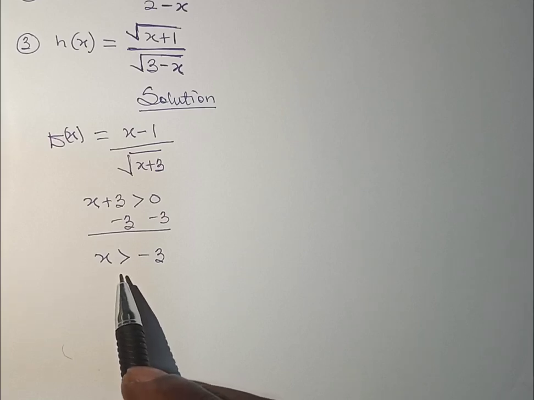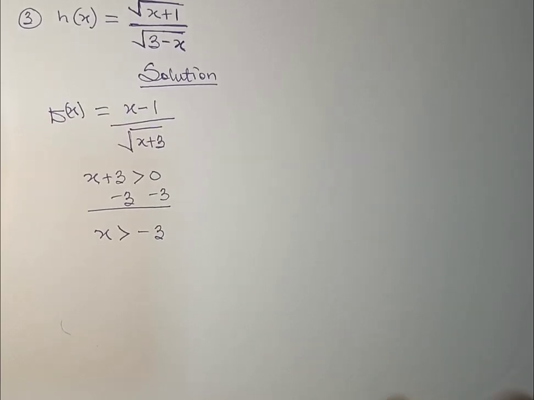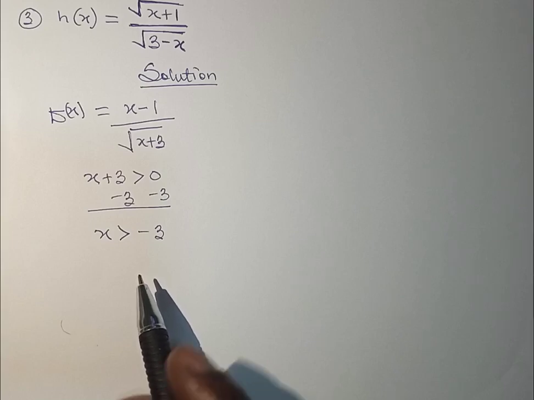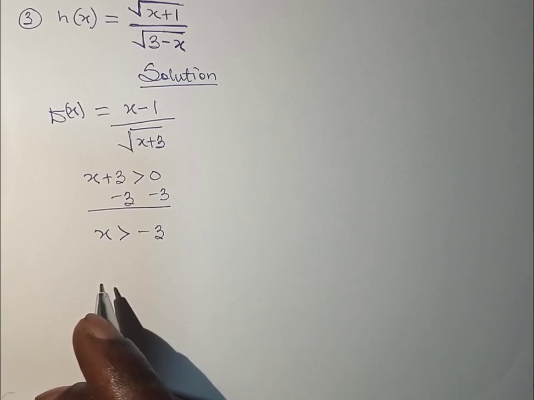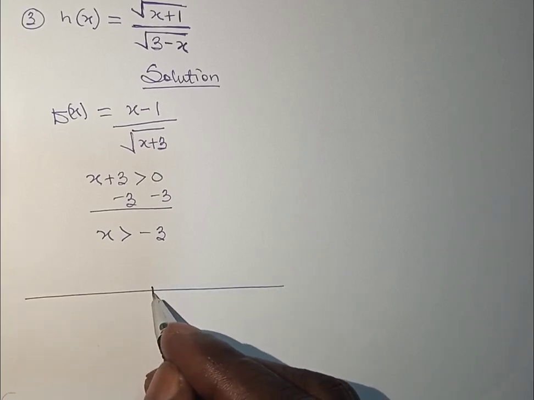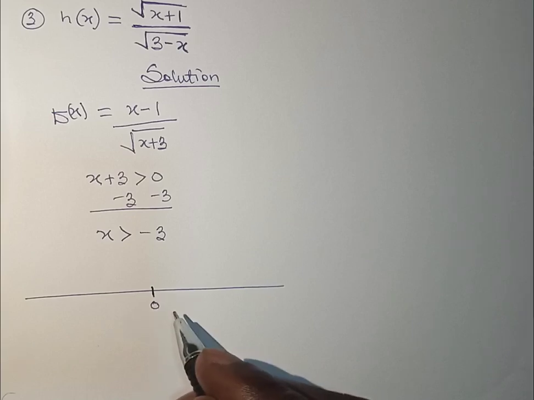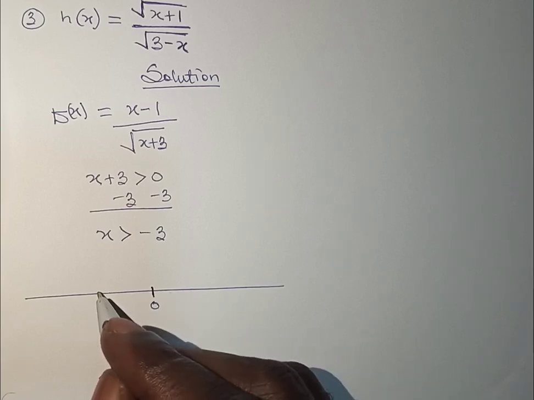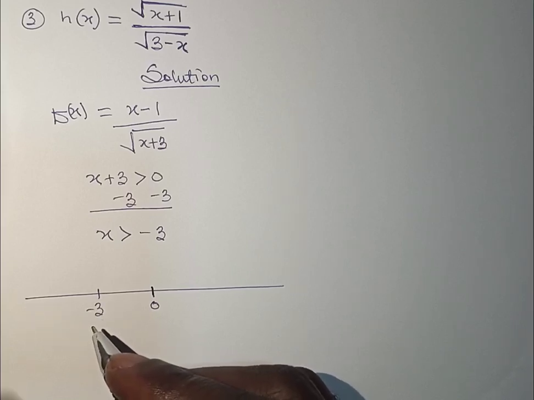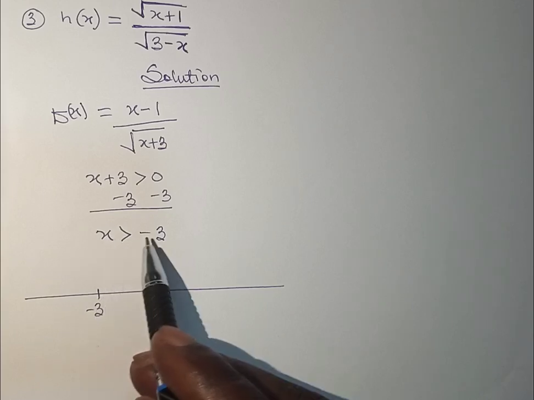But as we always do, we can't just decide that this is our answer. We need to test. So if I'm testing this, then I will draw my number line and indicate where I have negative 3 here. In this case, we are saying that x should be greater than negative 3.